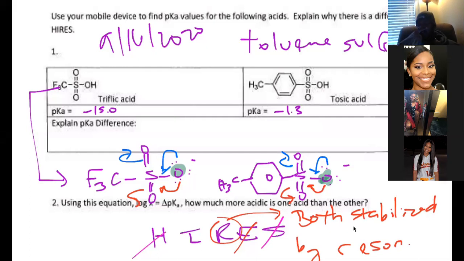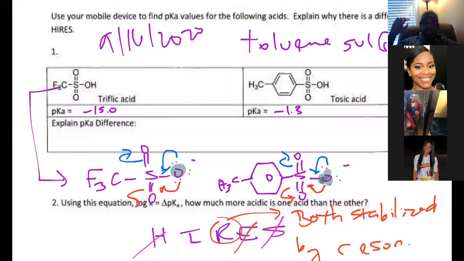All right. Now, what about induction? What is induction? Somebody help me. I just know fluorine creates a dipole because it's more electronegative, so the electrons are gonna orbit more around that atom. All right.